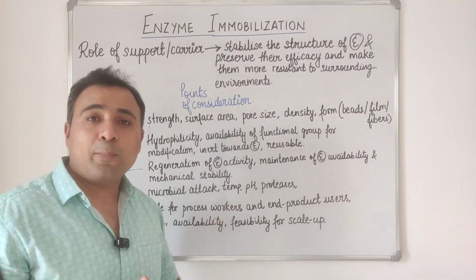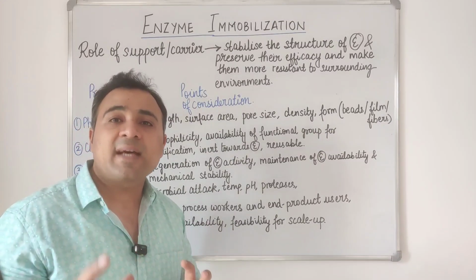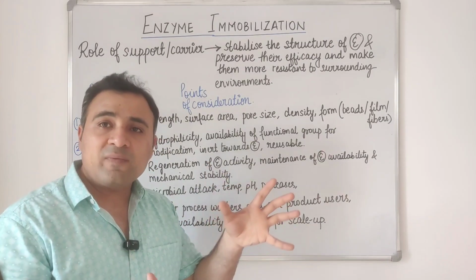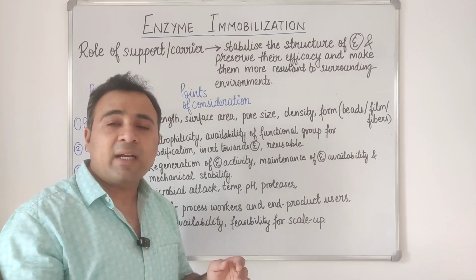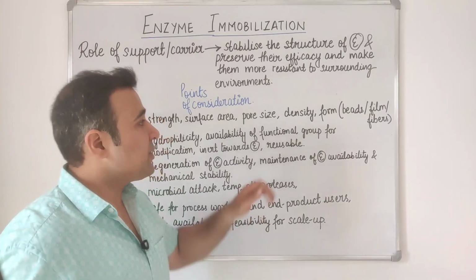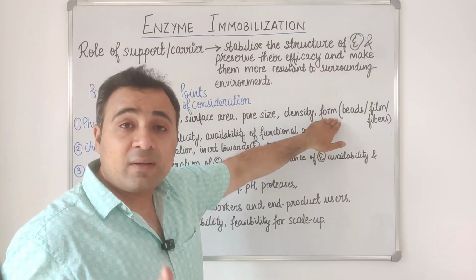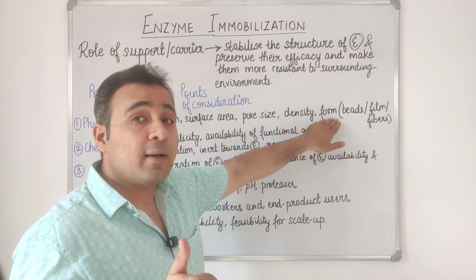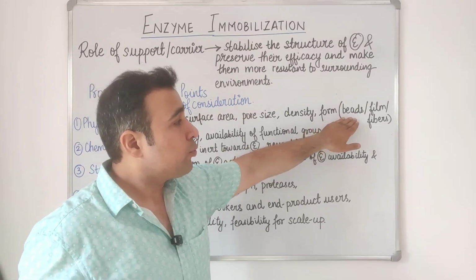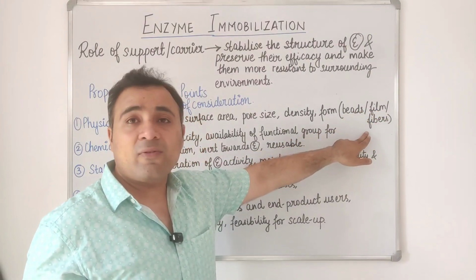The pore size is important because it should be in accordance with the size of the enzyme. If the pore size of the support is too big, the enzyme will go inside the support and will not be available for the reaction. Then the density of the carrier, and the physical form in which the carrier or support is going to be used, whether in the form of beads, film, or fibers.